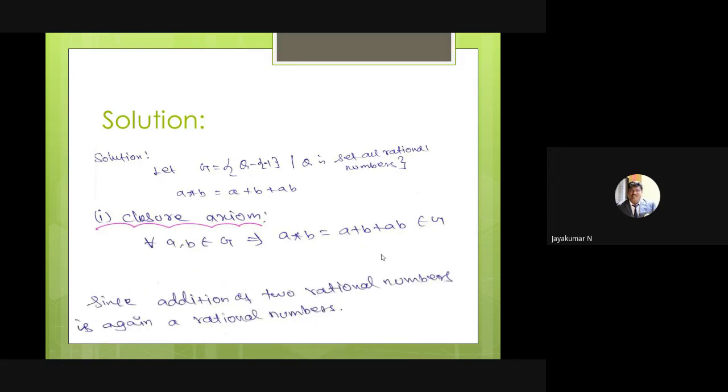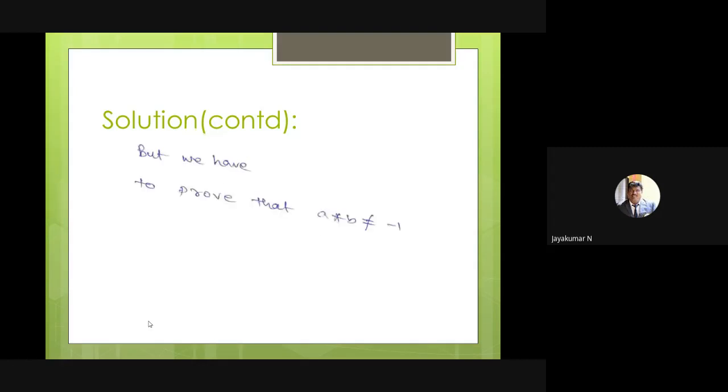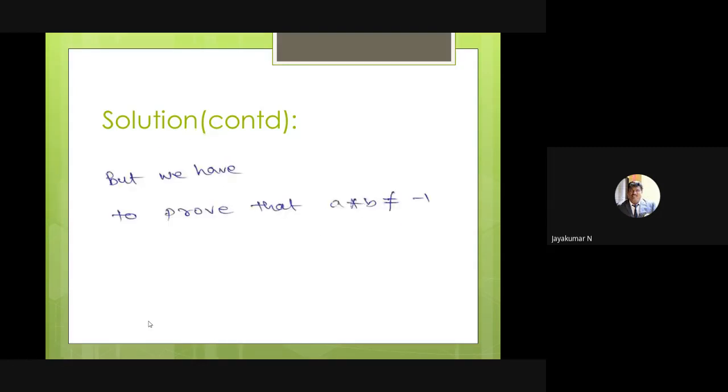A plus B is nothing but the addition of two rational numbers, and AB is the product of two rational numbers. Since the addition of two rational numbers is again a rational number, and the product of two rational numbers is also a rational number, we have to prove that A star B is not equal to -1, because in G every element is not equal to -1. Addition of two rationals is again a rational, that is clear. Product of any rationals is rational, that is also clear. But A plus B plus AB is not equal to -1, that is the major part.